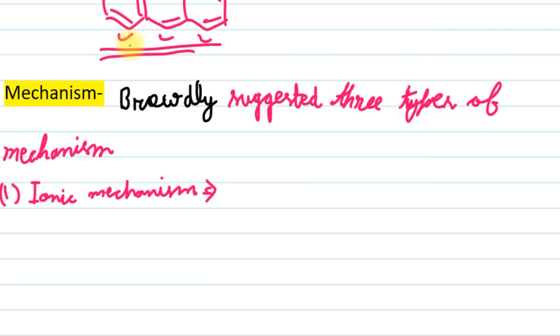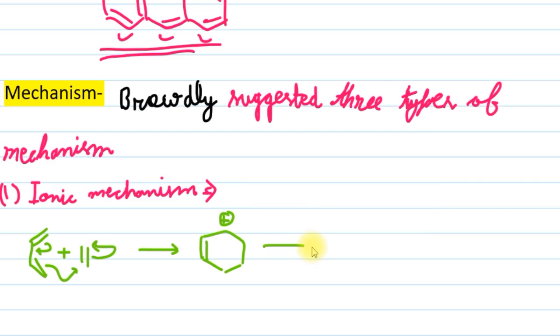In the ionic mechanism, the dienophile and diene, that is butadiene, are treated together, then the bond moves toward here, and this bond moves toward here, and it gets converted into a cyclic cation, like this, and it rearranges and forms a cyclohexene molecule.